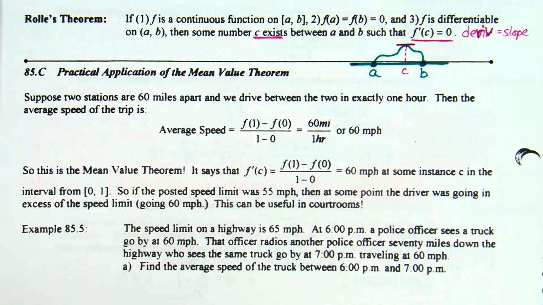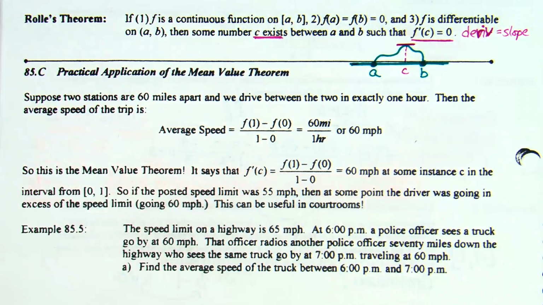Is that saying you went exactly 60 miles per hour the whole time? No. It averaged out to be that. You went slower, you went faster, some combination thereof. So notice, this is equivalent to the mean value theorem.